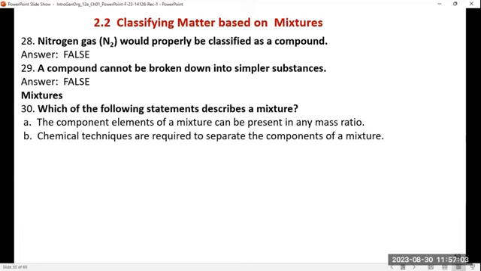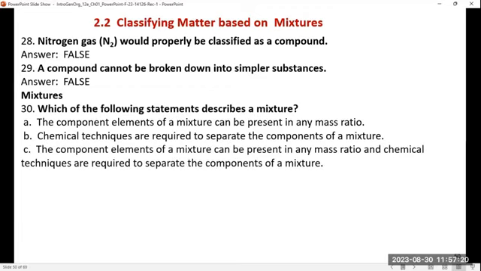The components of a mixture depend on the person mixing it up. There's no fixed ratio. The ratio between two components could be anything. That's a true statement.